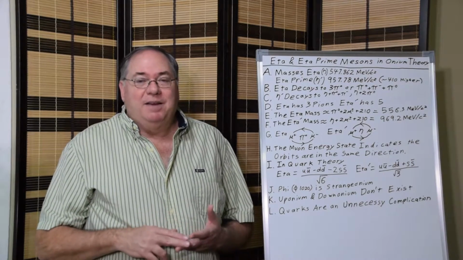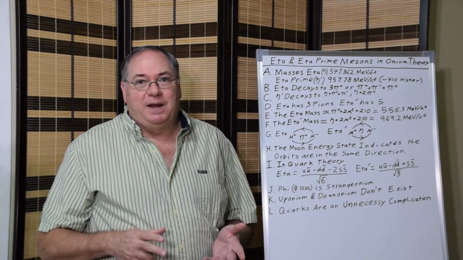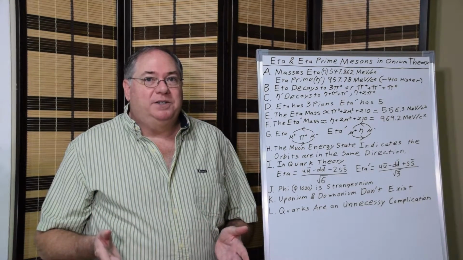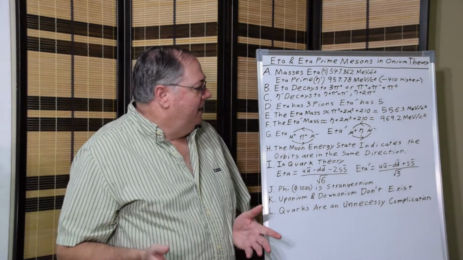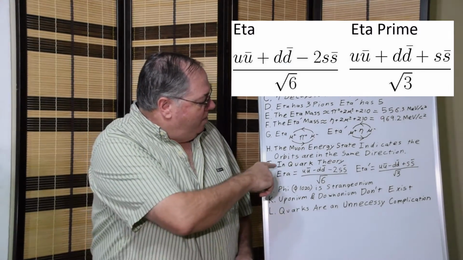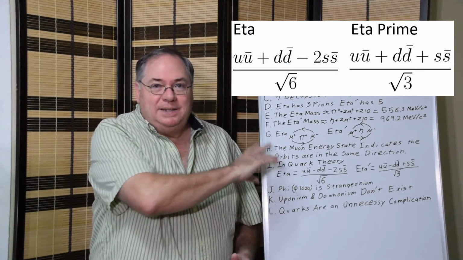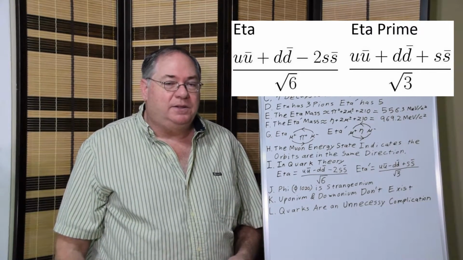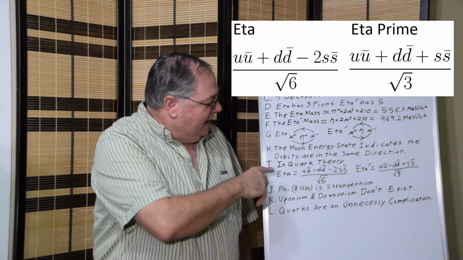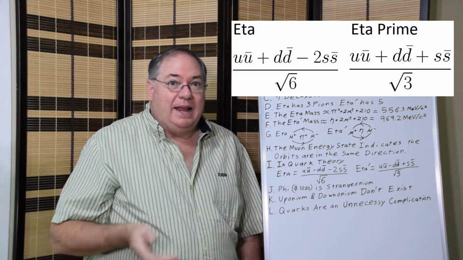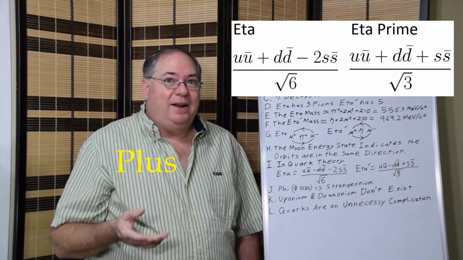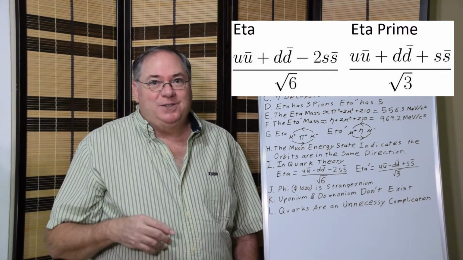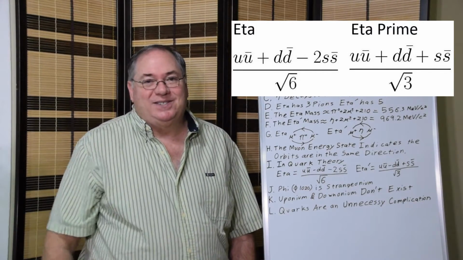It sticks to the evidence presented to us by the decay products, and it gives us mass energy based on relativistic mass. In the quark model, on the other hand, we have these nonsensical formulas that I've talked about in other videos. In the Eta case, it's an up and anti-up minus a down and anti-down minus 2 strange and anti-strange quarks divided by the square root of 6.